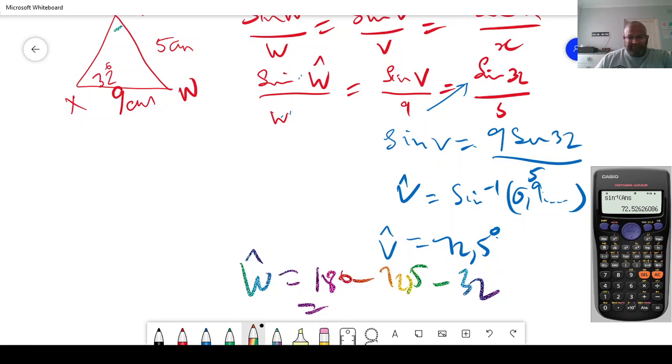So again, we put it in our calculator. 180 minus answer minus 32 degrees gives us 75,5 degrees. I think that is fairly straightforward.